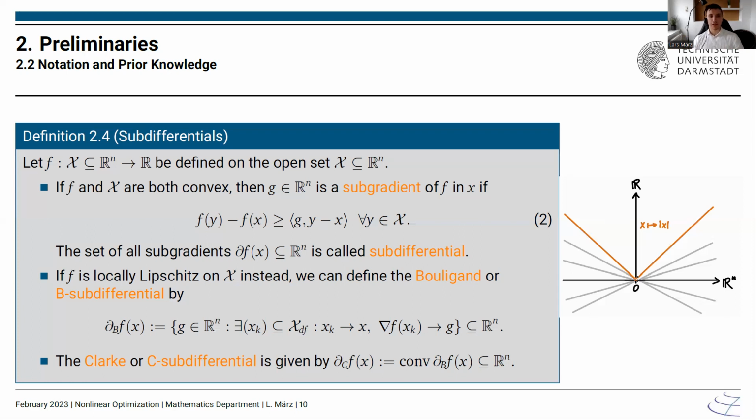The Clarke differential takes the convex hull of the set and can be understood to be the set of all plausible derivatives in a point.